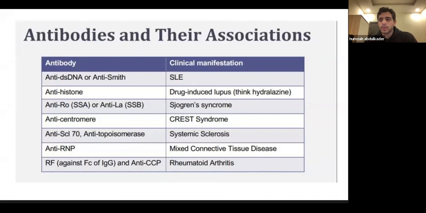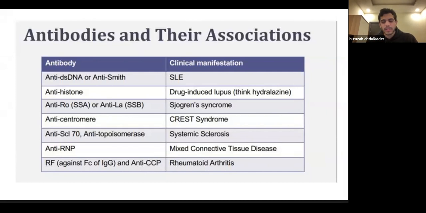Any questions about this? Also, you guys should know about dermatomyositis and polymyositis. Know about those. That's basically the only thing. I don't think it's high yield for MSI at least. Polymyositis, dermatomyositis, antibodies. I'll get to it later, but those are very important, and that's pretty much the most important thing to ask about that.